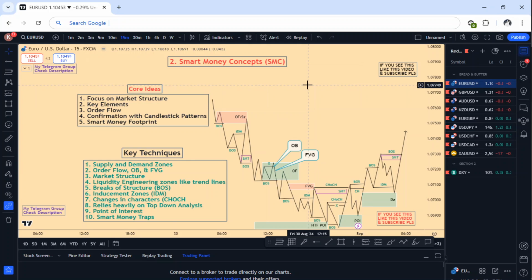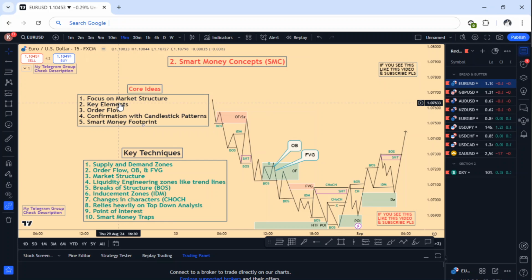So what about the focus on market structure? SMC revolves around understanding the broader market structure, trends, and price action to identify trading opportunities. It emphasizes the importance of aligning trades with the overall trend or market bias. Now there are key elements to SMC.